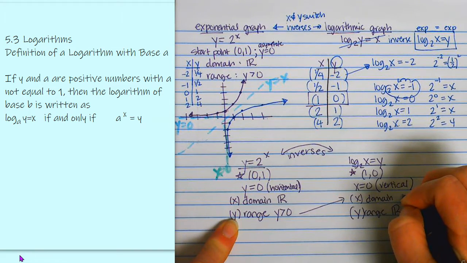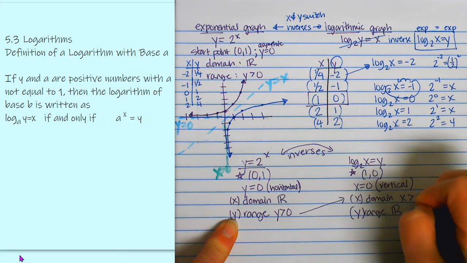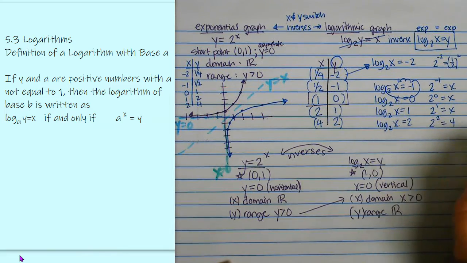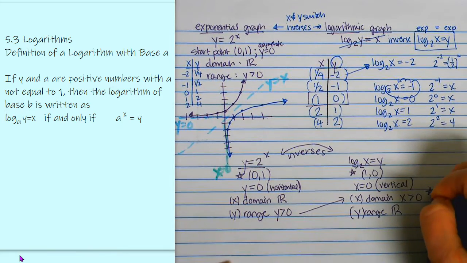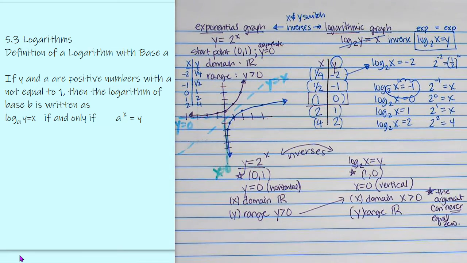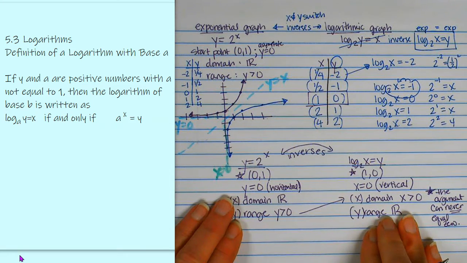It's from 0 to infinity, or x is greater than 0. It's really important that you note, so I'm going to put a star here, the argument can never equal 0. And that's really important to make a note of.